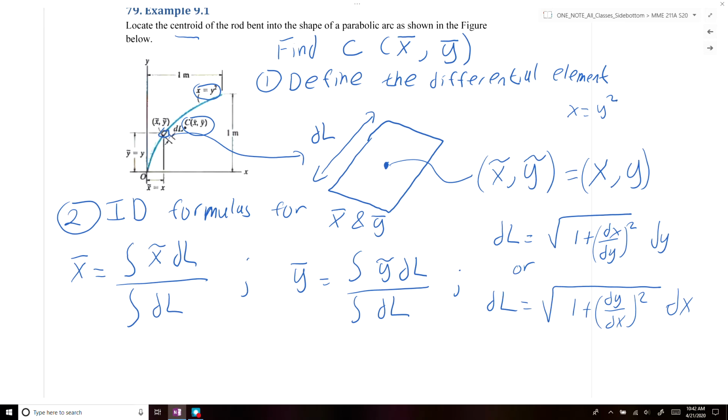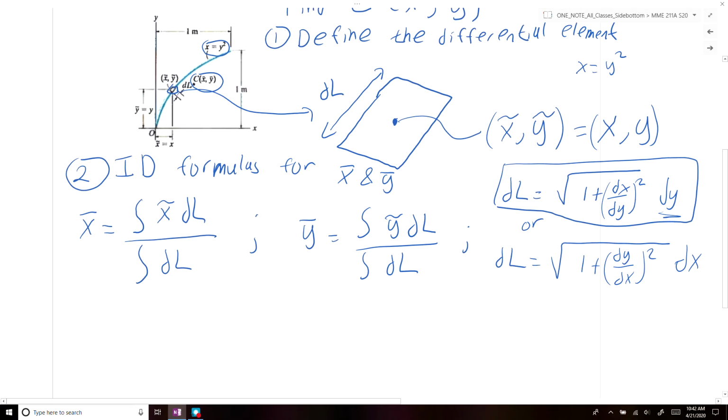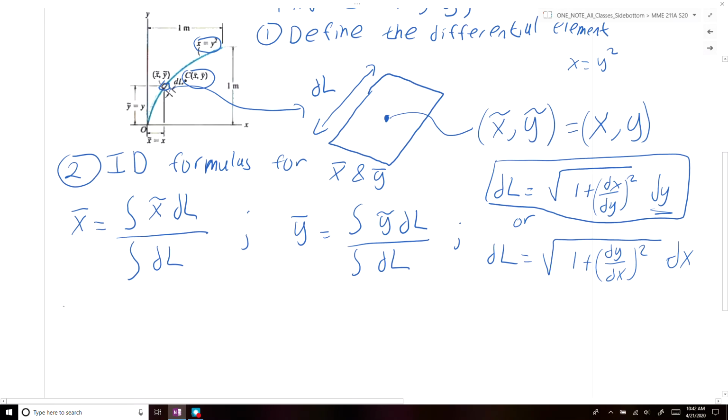So we're going to want to keep everything in terms of dy, and we end up using this one just because it's easier in this situation. So we're now going to solve our integrals.